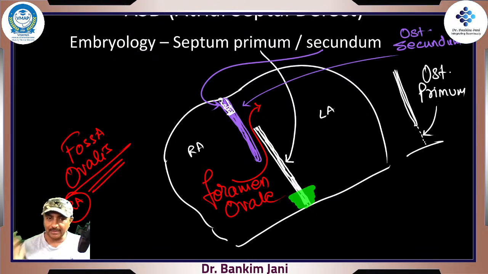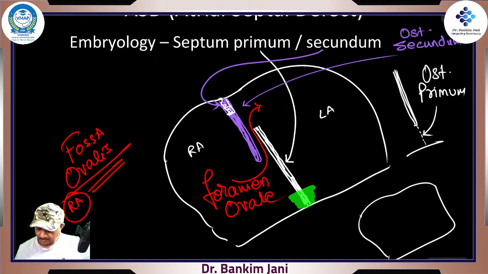The problem will occur after birth, right? So what I'm talking about is, in case it would go like that, this would be the situation. Here is the septum primum, and the septum secundum developed only up to this point.